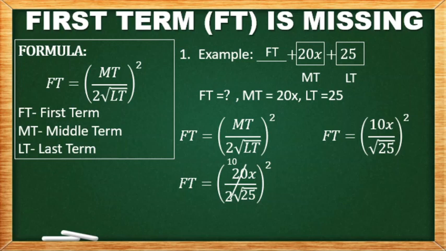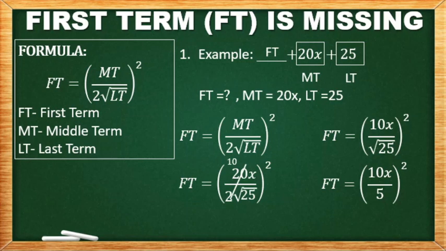Nawala na yung 2, di ba? Kasi sinimplify natin. Next step, kunin natin ang square root ng 25, yung nasa denominator or nasa baba. Ano nga square root ng 25? Yes, 5. So that's why FT is equal to the square root of 10x over 5. Then observe the given. Kaya bang i-divide si 10 ng 5?